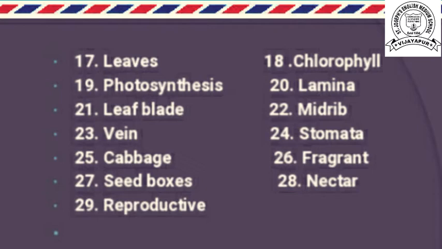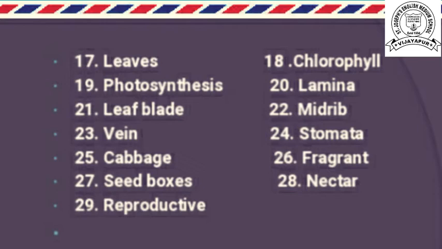18th one, chlorophyll. Chlorophyll is a green pigment which is present in leaves, and because of chlorophyll all plants are green, and it is very useful in photosynthesis, and that is our next new word, the 19th one, photosynthesis.